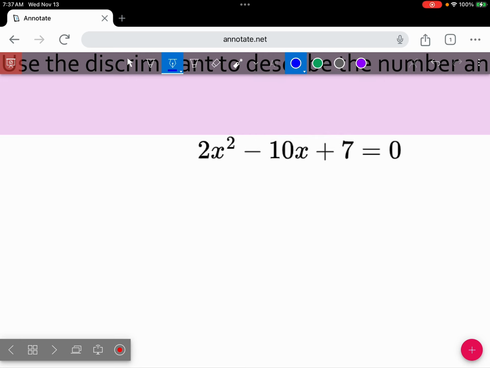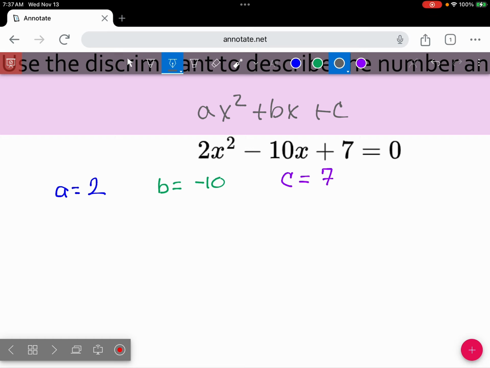What is my a? 2. What is the b? -10. And what is c? 7. Because we match this up with our ax squared plus bx plus c. That's where those numbers are coming from. We're using our standard form equation to get us there.